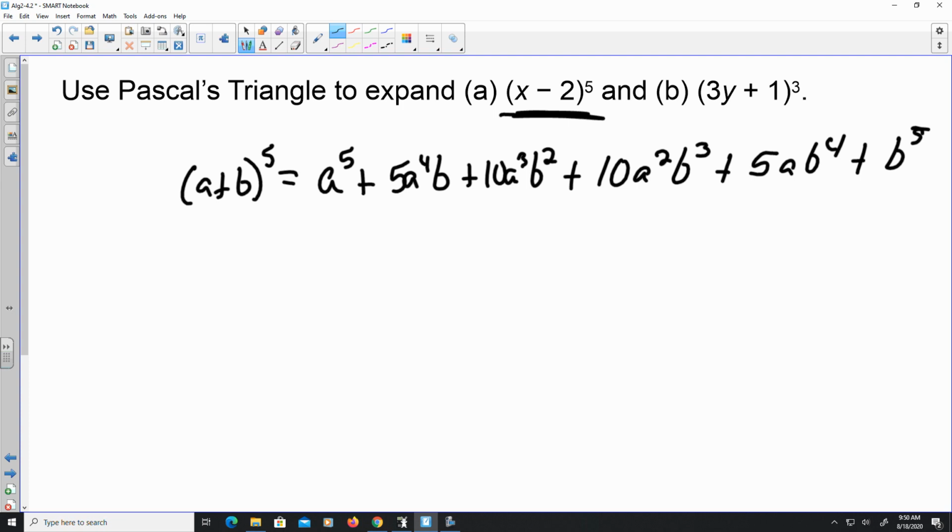In this case, x is a, and b is a negative 2, because you could just write this as x plus negative 2 raised to the 5th power. It means the same thing.